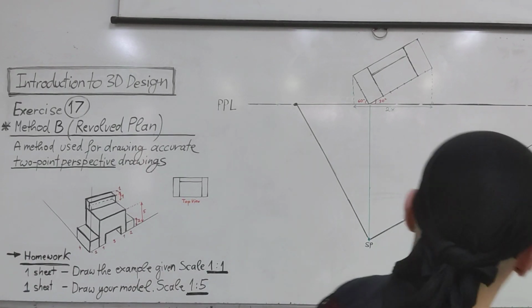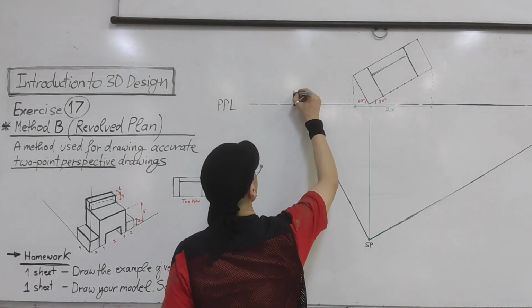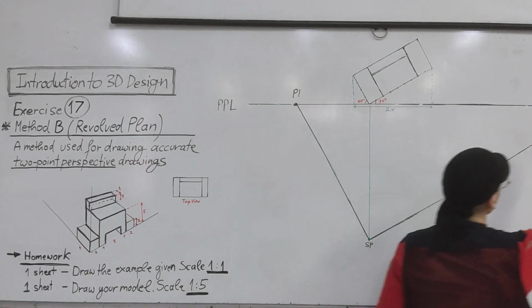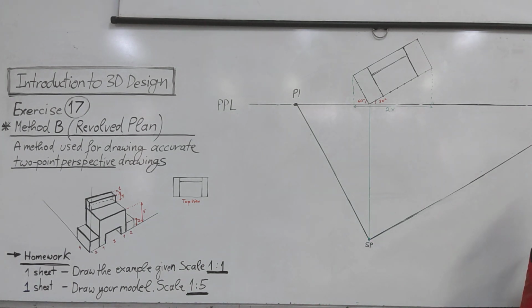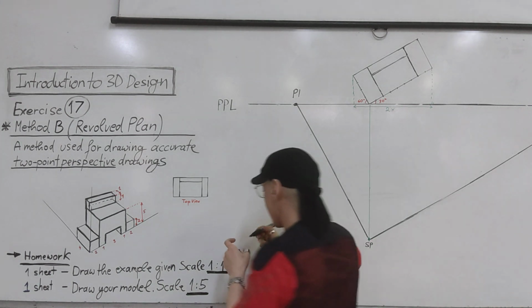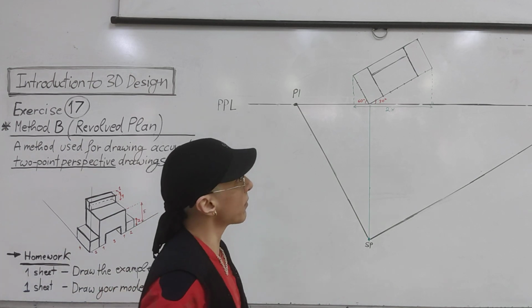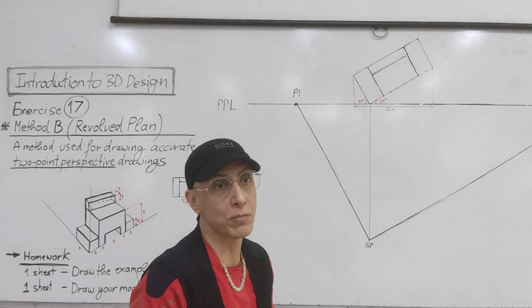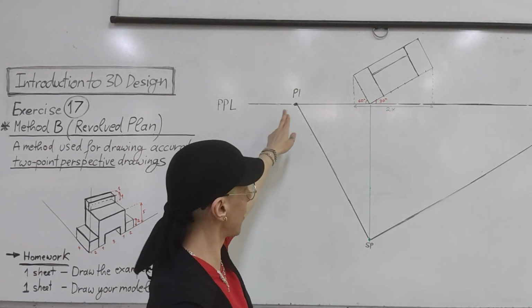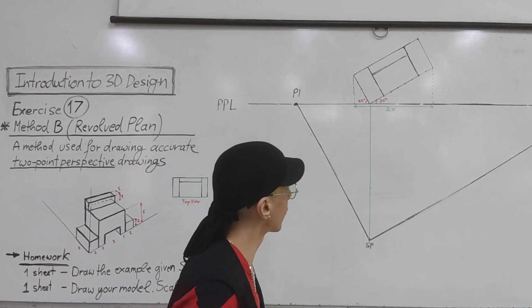These points we will call P1, P2. From them we will find the vanishing points. But for now they are P1, P2, these 2 points.